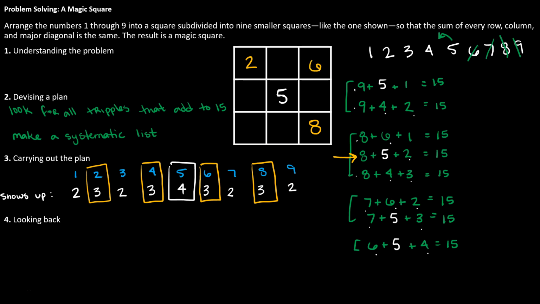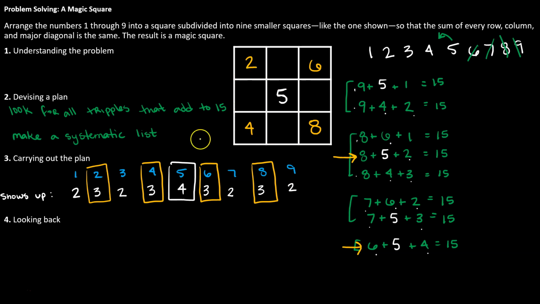If I pick a 6, then I can look at the 5 in the center and say 6 plus 5, which sum involves that? It would have to be this, 6, 5, and 4. So we know that the other 4 would have to be in this bottom diagonal. We're going to keep going through that and fill in the missing pieces.